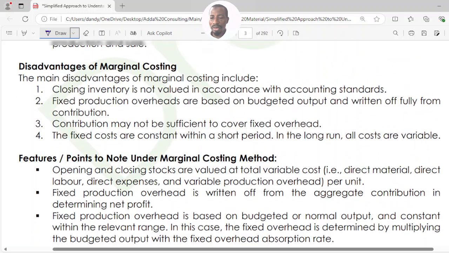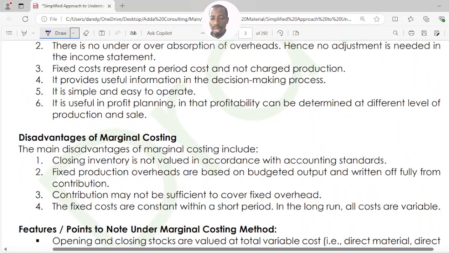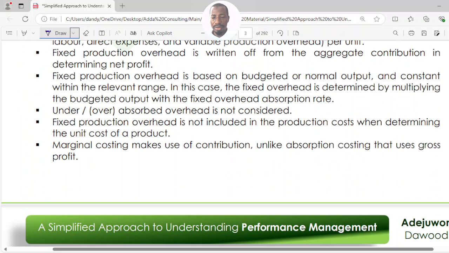Say for example, we are given an opening stock of 1,000 units. All I need to do is to go into the question and add up all the variable cost of production.